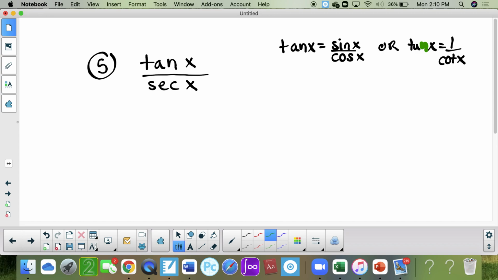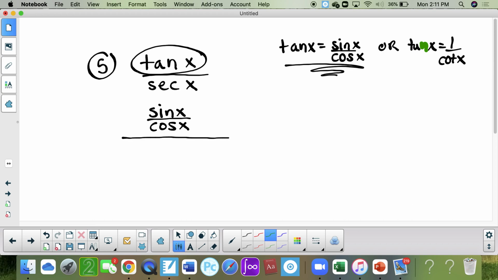But the rule of thumb is to change everything to sine and cosine. So I'm going to use this one instead. So I'm going to replace the tangent of x with sine of x over the cosine of x. Make a large line to stand for the division sign. Secant is 1 over the cosine of x. Change everything into sine and cosine.